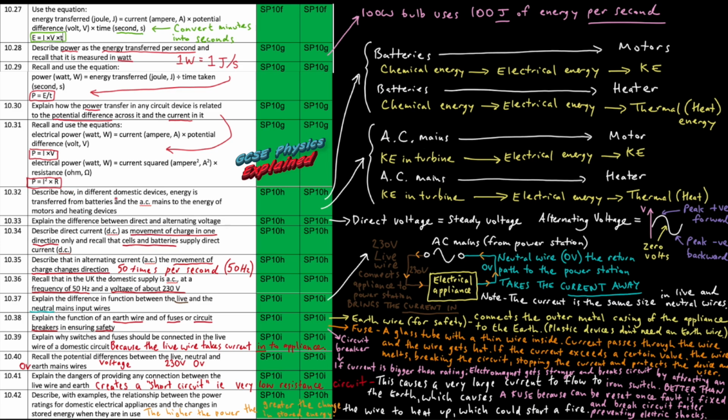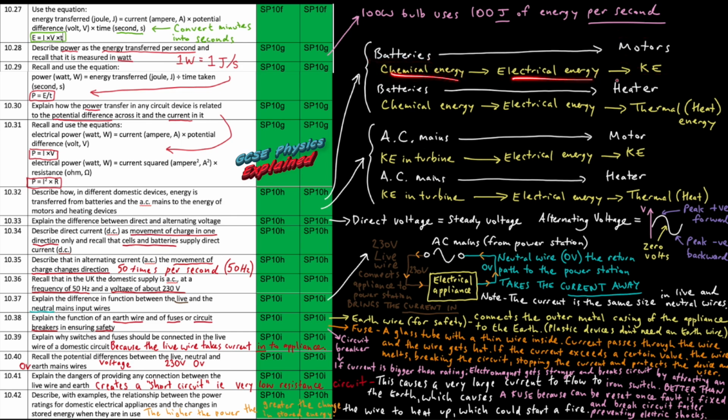Describe how in different domestic devices energy is transferred from batteries and the AC mains to the energy of motors and heating devices. So batteries providing energy to motors, well, you'd have chemical energy in the battery, then that would turn into electrical energy going through the wires, and then going to kinetic energy of the motor moving.